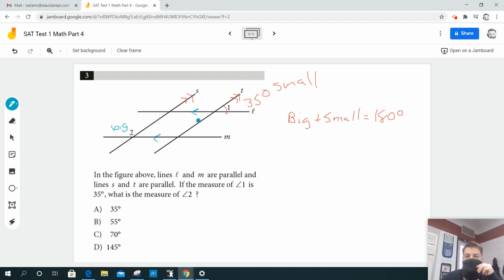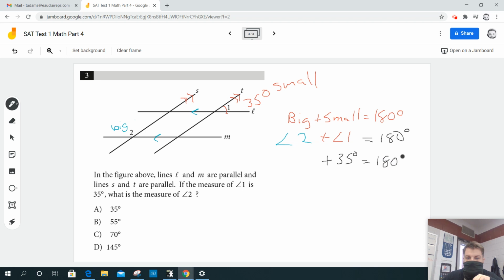So just to refresh your memory, Mr. Adams said all the smalls are congruent, all the bigs are congruent, and that a big plus a small equals 180. In other words, angle 2 plus angle 1 should add up to 180. But they told us that angle 1 was 35 degrees.